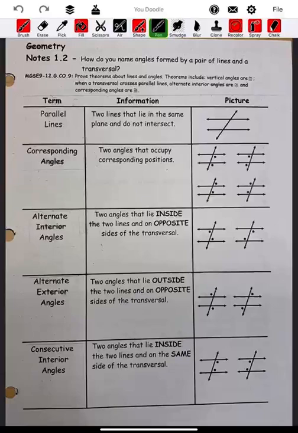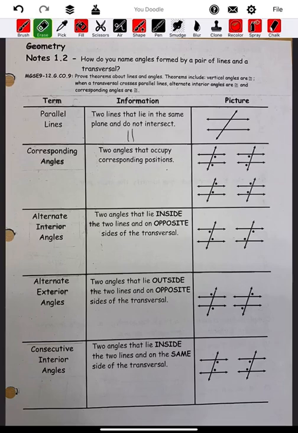Parallel lines are two lines that lie in the same plane and do not intersect. So here, what you're going to complete is you're going to put L, and you're going to put two straight lines, meaning they're parallel. So I'm actually going to have to make a cursive L, sorry, because I don't want my L to look like a line and everything else.